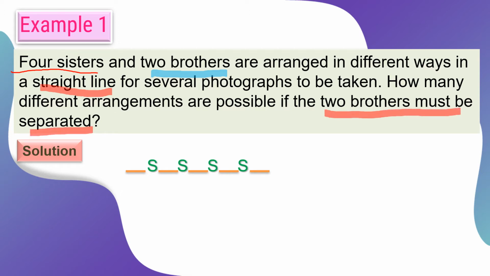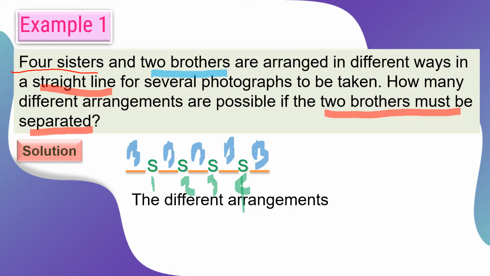So firstly, we arrange the 4 sisters: sister 1, sister 2, sister 3 and sister 4. Then between the sisters we can place the 2 brothers, in these 5 places.